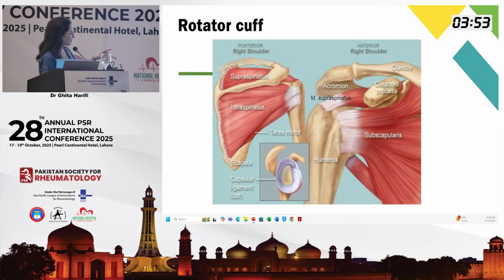To keep it simple, if you're posterior, you'll have the infraspinatus tendon that inserts on the greater tubercle, and the teres minor. The supraspinatus, which starts from the superior part of the scapula, will go more laterally and insert on the superior part of the greater tuberosity.